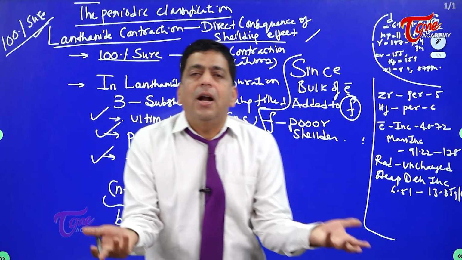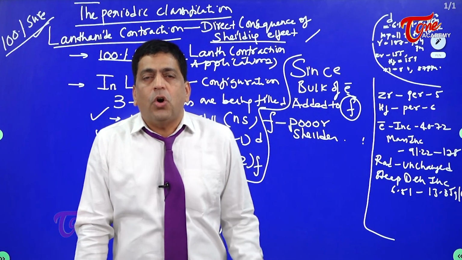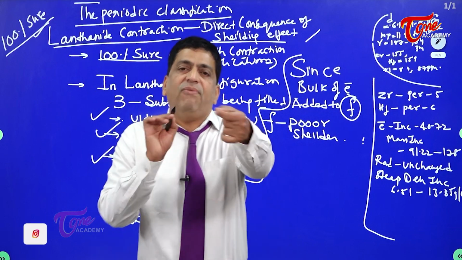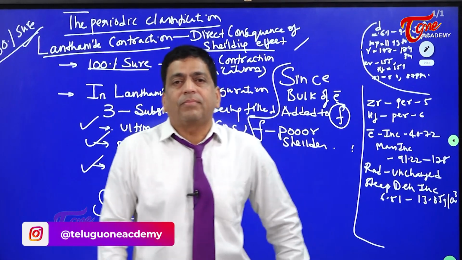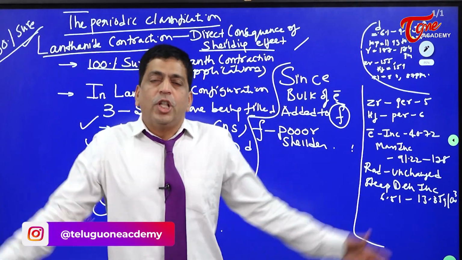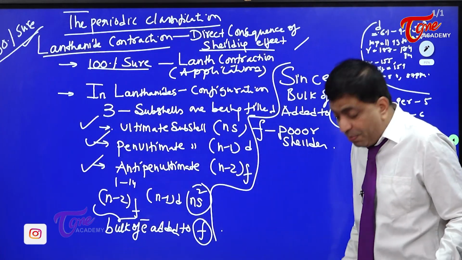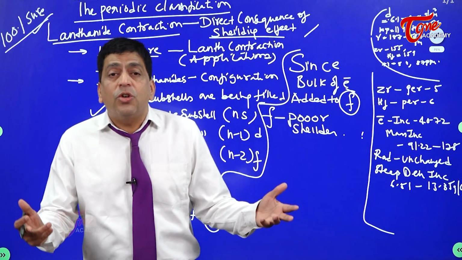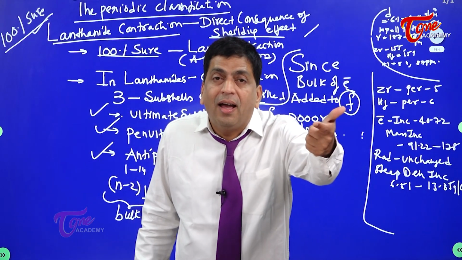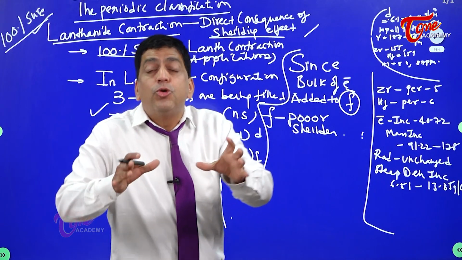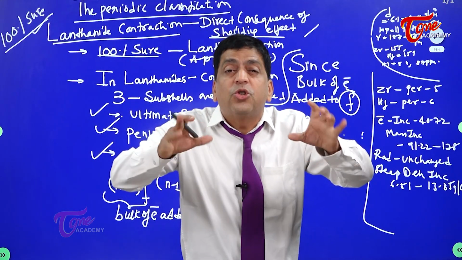F is a poor shielder because of its peculiar diffused shapes. The F has pores. So the nuclear force of attraction, when you move from lanthanides, from cerium, the bulk of the electrons are added to the F subshell. And F being a poor shielder due to peculiar diffused shapes.